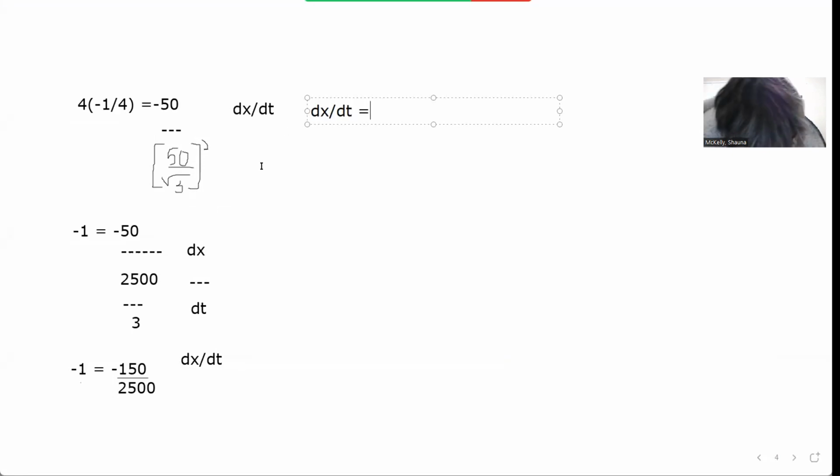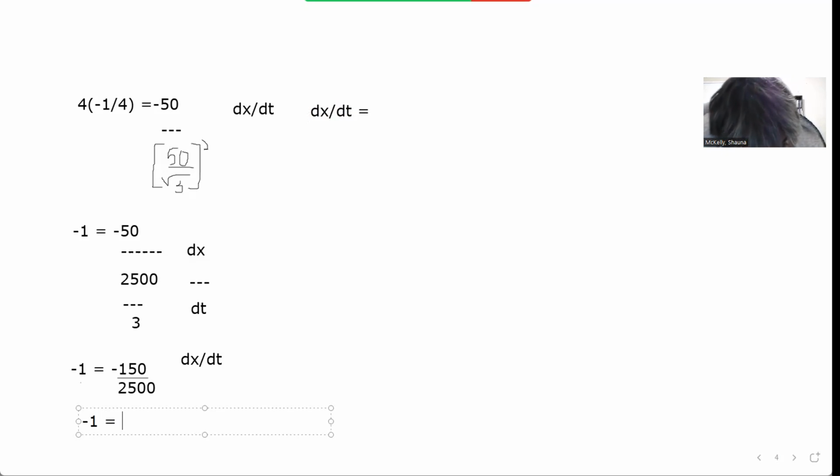Dx dt equals, this, remember, is negative 1. This is 3/50.